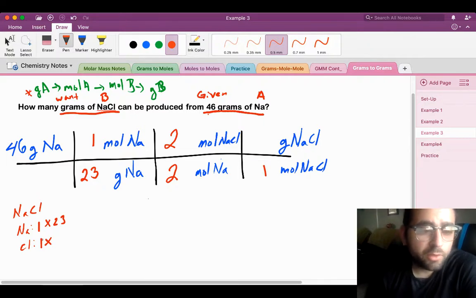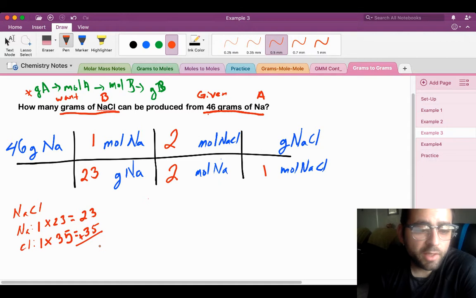But I'm not going to use that one. I'm going to use the second one that I gave you, the one that's rounded to 35. That way we don't get decimals and it makes the math easy. It's just a concept. 1 times 23 is 23. 1 times 35, 35. So the total mass of NaCl is 58.